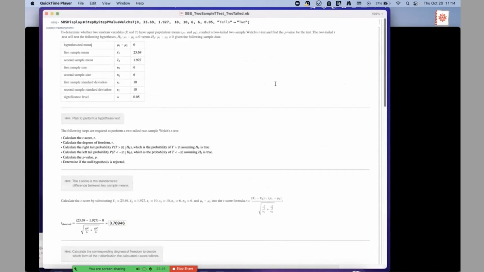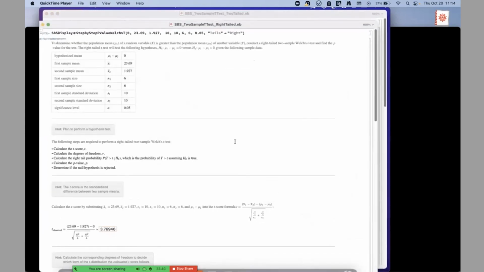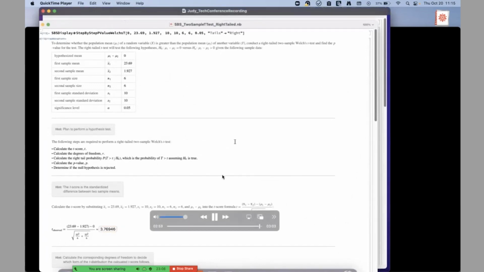The user can choose the direction of the t-test from a drop-down menu containing options to perform a two-tailed t-test, a left-tailed t-test, or a right-tailed t-test. And here is an example of a right-tailed t-test. The structure of the test is very much like the two-tailed test. Besides these two-sample t-test projects, I have also worked on developing a step-by-step solution for the F-test of equal variances, which is another popular hypothesis test with similar steps, but is used in a different scenario.